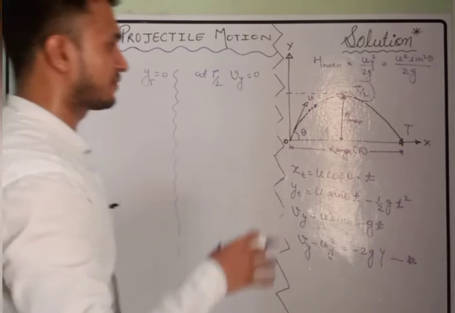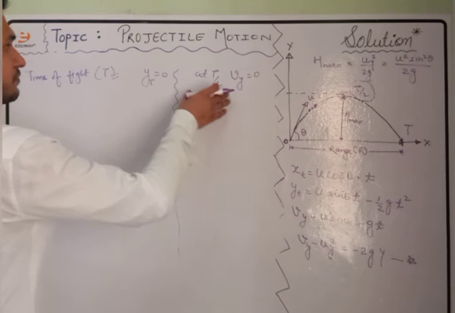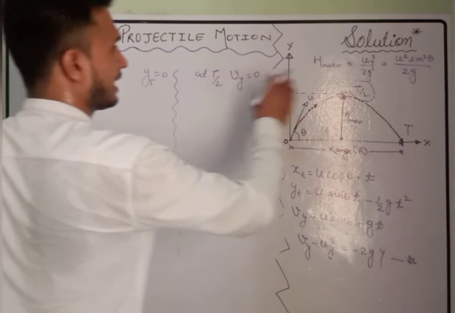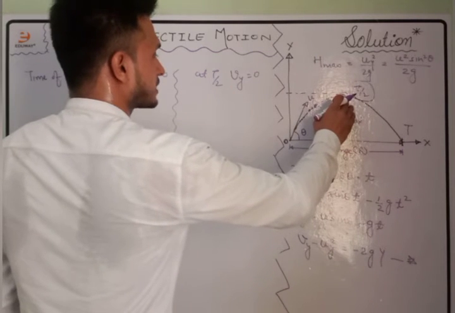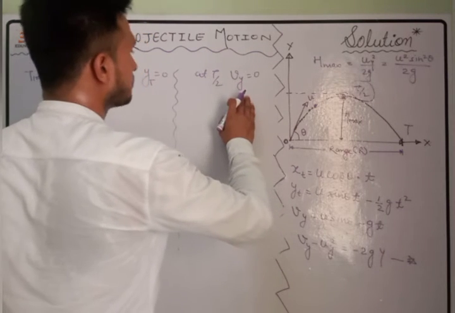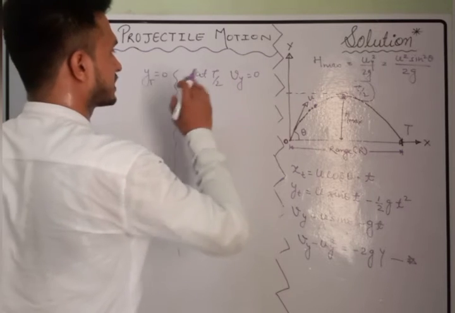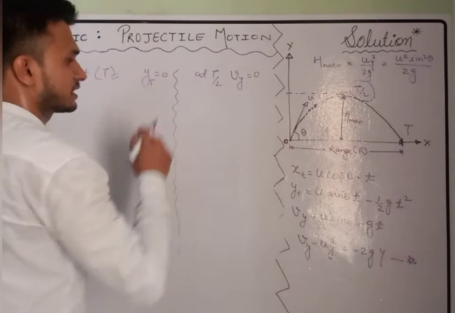Using the first equation, at the maximum height when the vertical velocity is 0, the time will be T by 2, which is half of the time of flight. So what will be T?